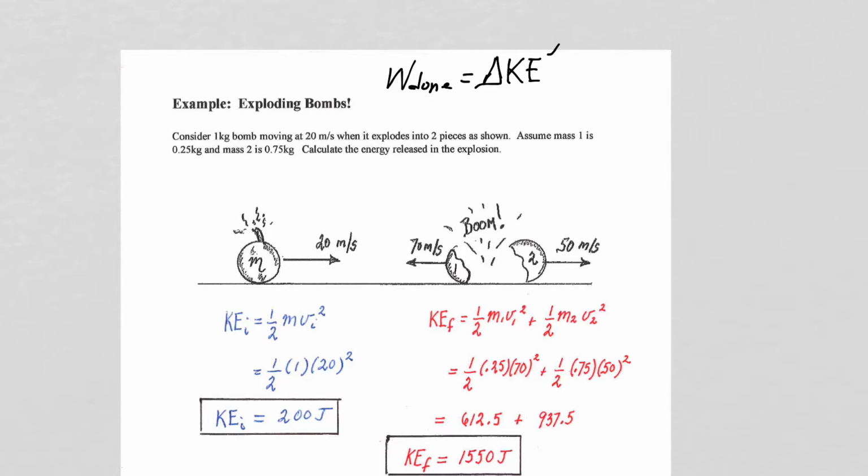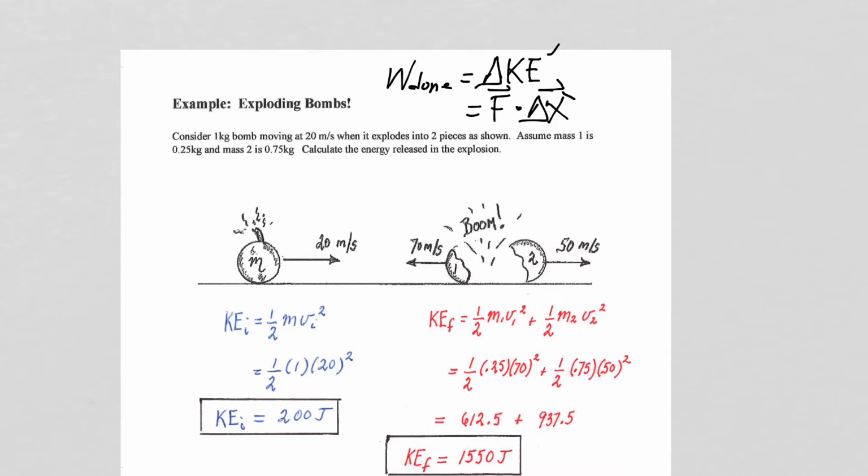That was the next point I wanted to make. Sometimes they're going to give you, especially up front, the force information. So you're thinking, okay, they give me the force, I'm going to have to use F dot delta X. But nowhere in the question do they give you delta X, and it's not possible for you to calculate it. What they're doing at this point is seeing if you'll unlock from this F dot delta X mindset, because chances are they snuck in the change in the speed of the object.